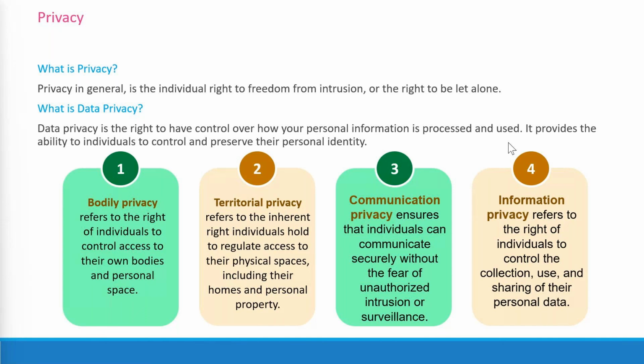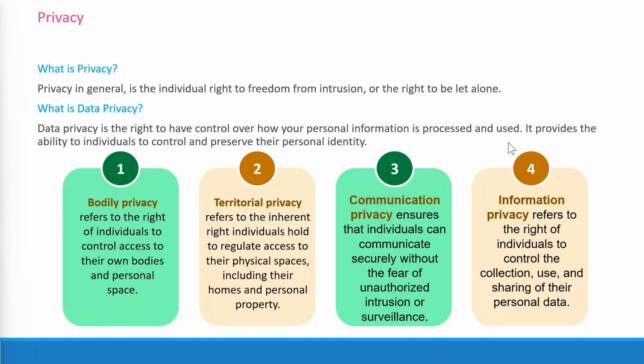Second is territorial privacy, a right over your space. It could be the space where you're working in your office, or a space where your family resides. So no one can just barge in your door and enter, even if it's law enforcement agencies. They need to have an appropriate reason to do that, with an appropriate warrant or something like that, right?